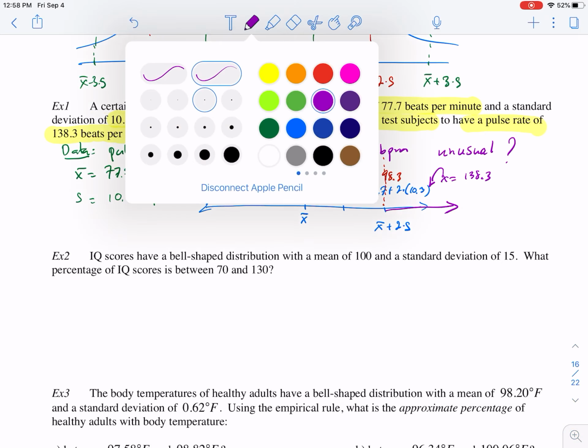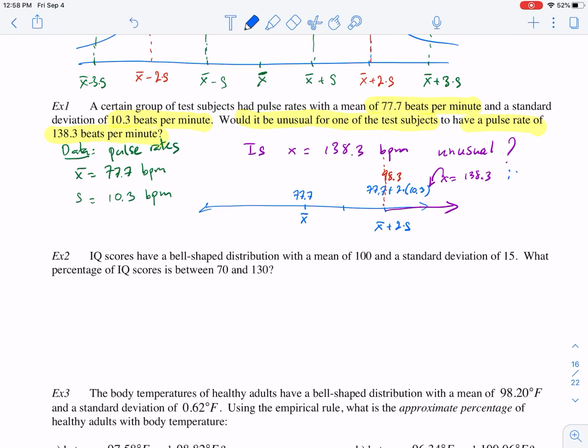So we're going to say it is an unusually high pulse rate because it is more than 2 standard deviations above the mean. Okay, so that's how we answer that question.